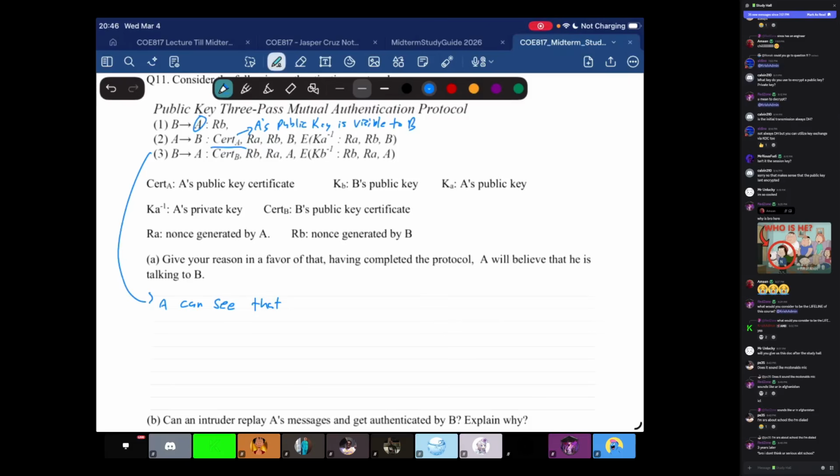that B's public key is used to decrypt the message.